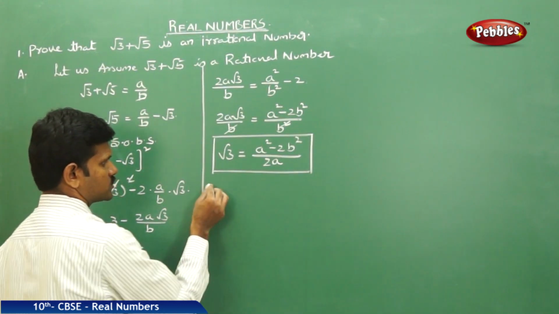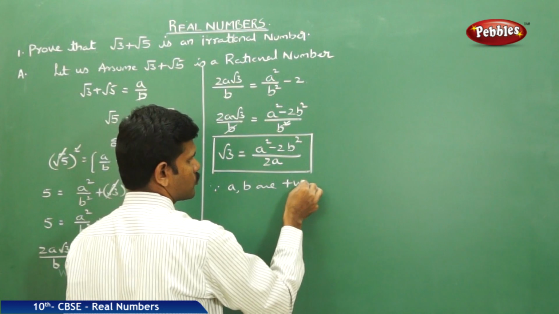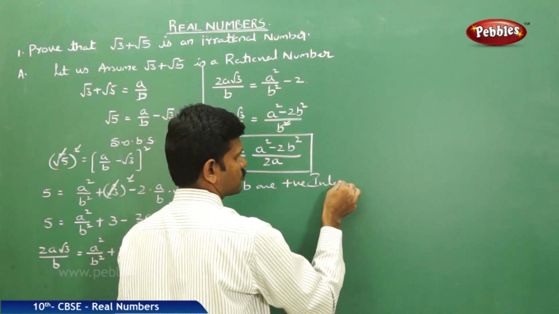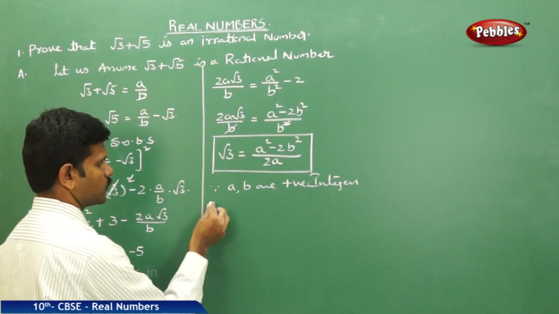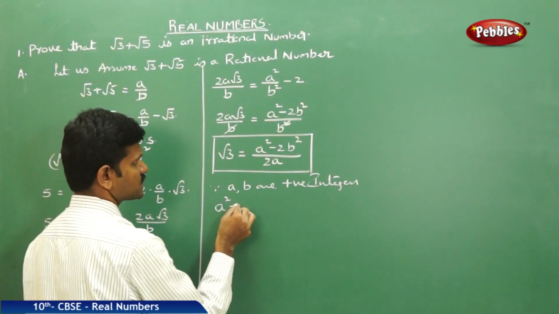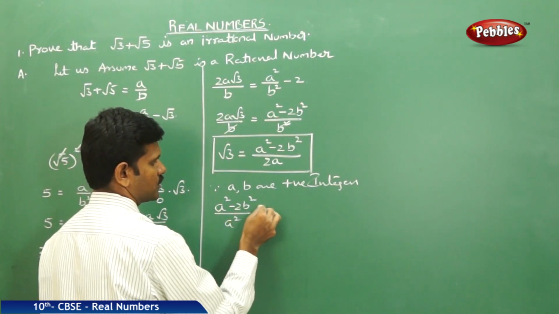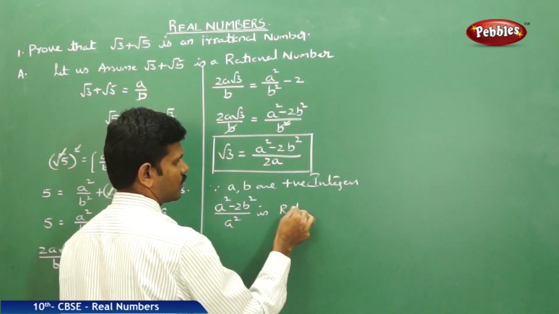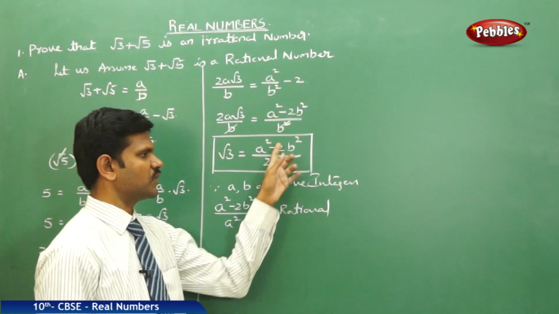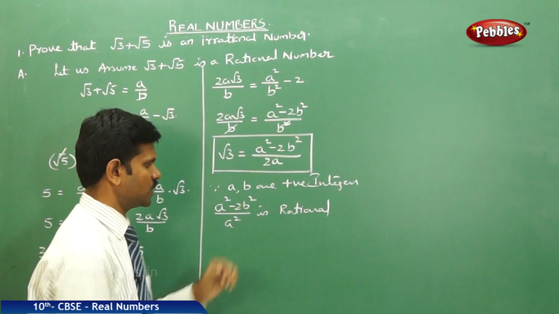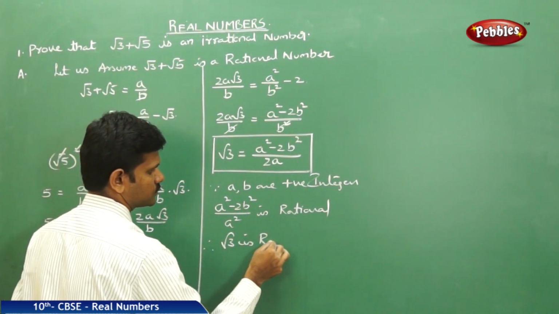Now since a, b are positive integers, what do you conclude? a square minus 2b square by 2a is rational. Why is it rational? Since it is of the form p by q, therefore root 3 is rational.